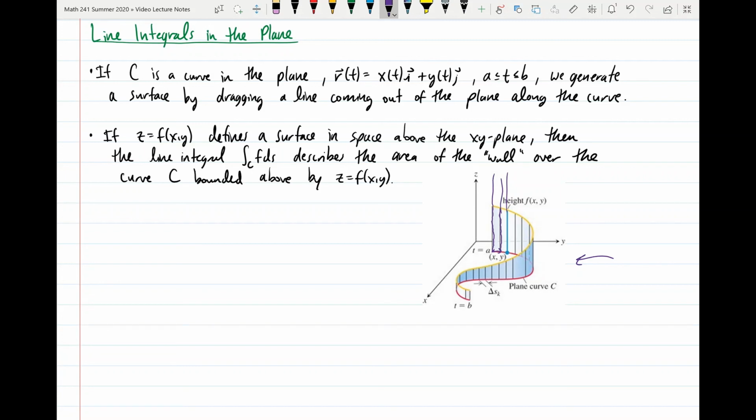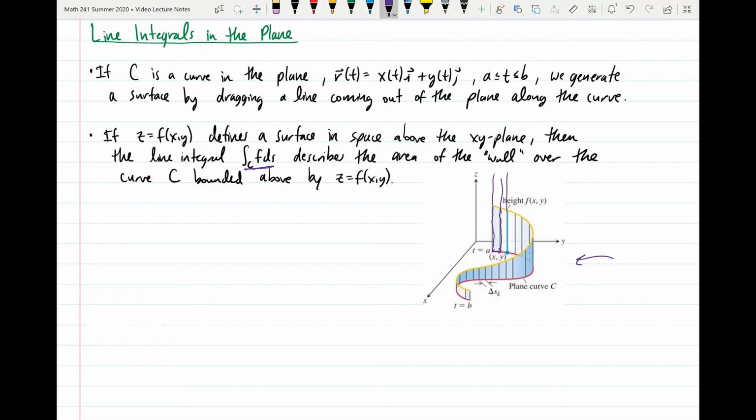And the line integral is going to tell us something very interesting about that wall. In this case, the line integral, which is denoted the integral of f over the curve C here, describes the area of the wall over the curve C that's bounded above by z equals f of x y.